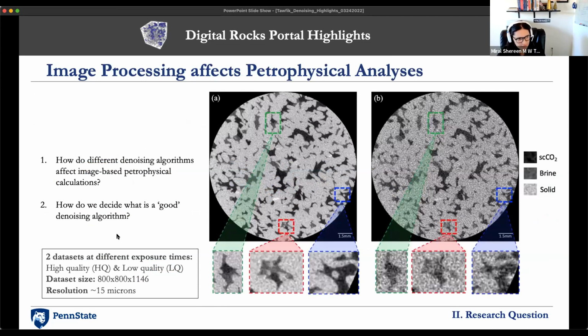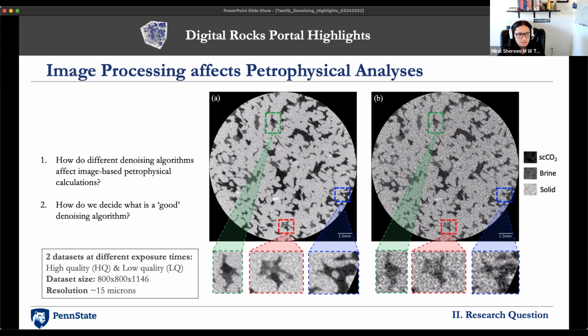And as with all computational methods, image processing algorithms are not 100% accurate. In the literature, we see several studies that quantify the effect of different reconstruction and segmentation algorithms on the accuracy of petrophysical analyses, but very little has been done to compare denoising algorithms and understand their effect on petrophysical quantities in our domain specifically.